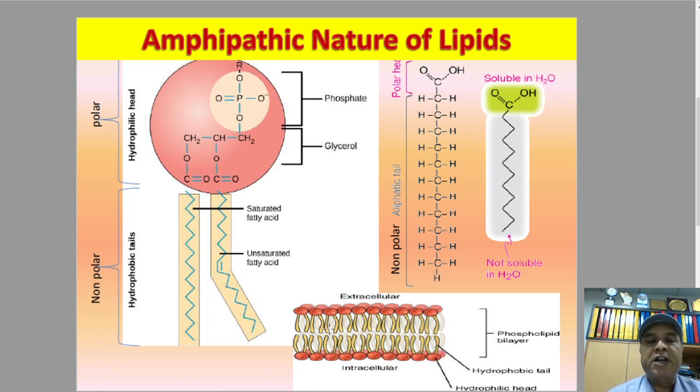So they remain inside, away from the aqueous part, and the polar heads remain facing the aqueous part. So this is the important property of the lipids, that is the amphipathic nature of the lipids.